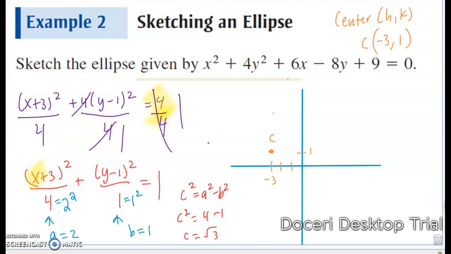Now for my foci, because it opens horizontally, my major axis is going to be on that line, where y will always be 1. So it's the x that's going to change, as we move left and right for the foci by a factor of square root of 3. So it's -3 plus or minus the square root of 3. These are the coordinates for the foci.